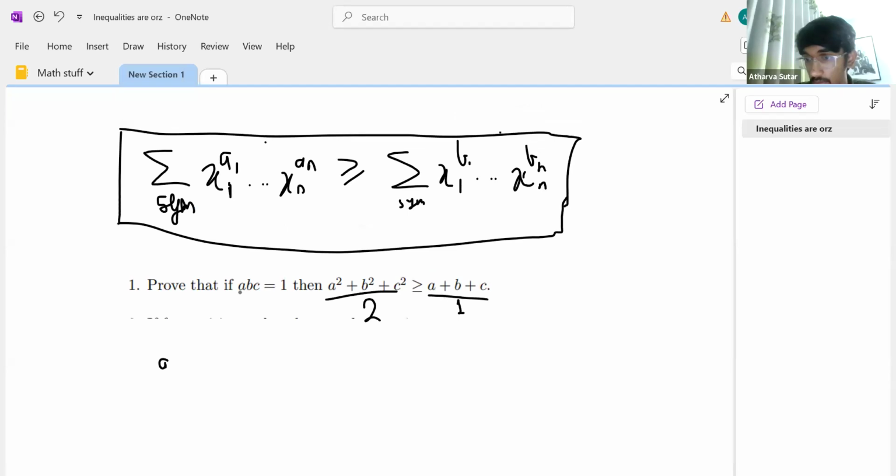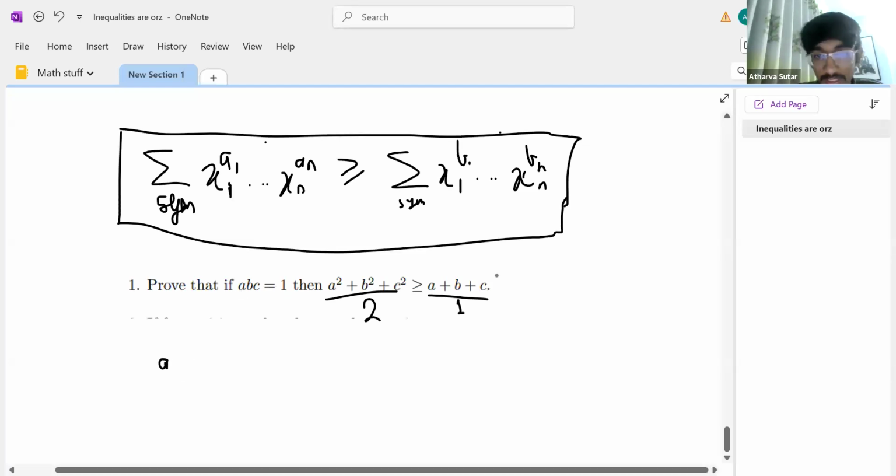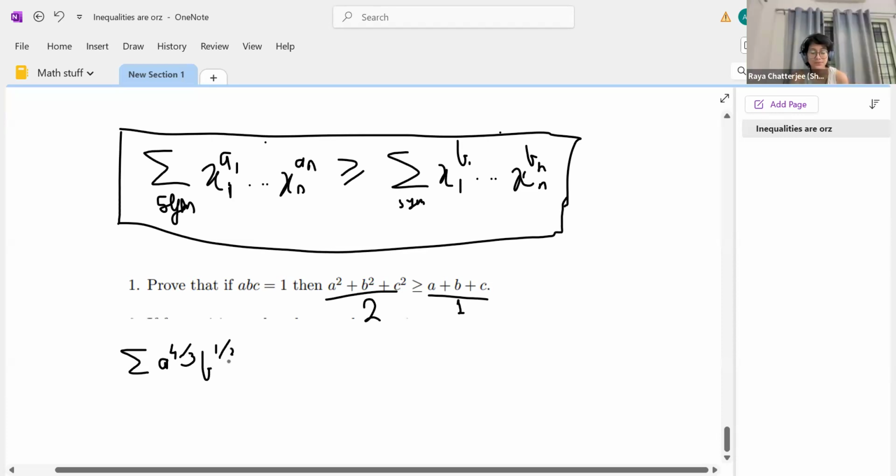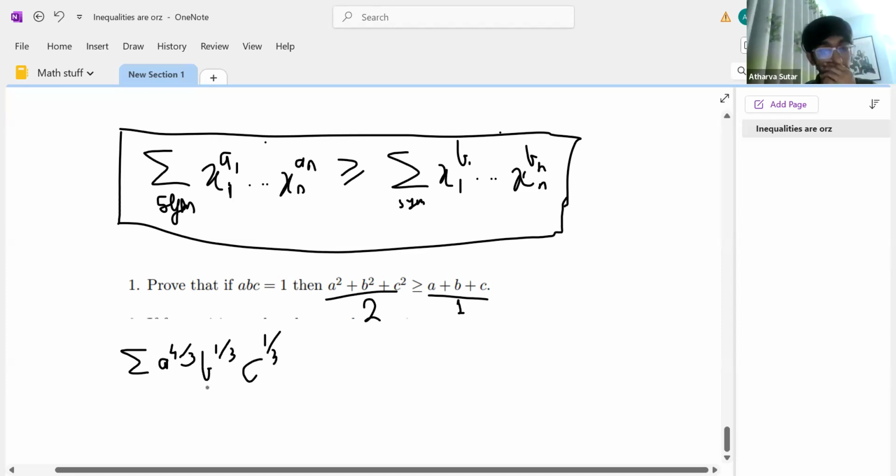We can multiply the cube root of abc, which has degree 1, to the RHS. That makes the RHS a to the 4/3 times b to the 1/3 and c to the 1/3, as a cyclic sum.